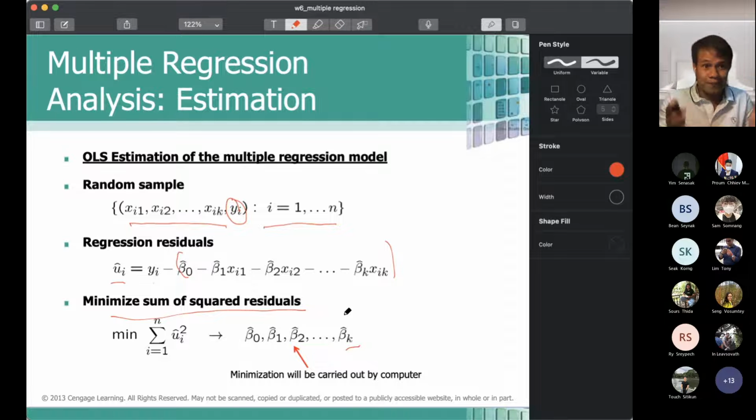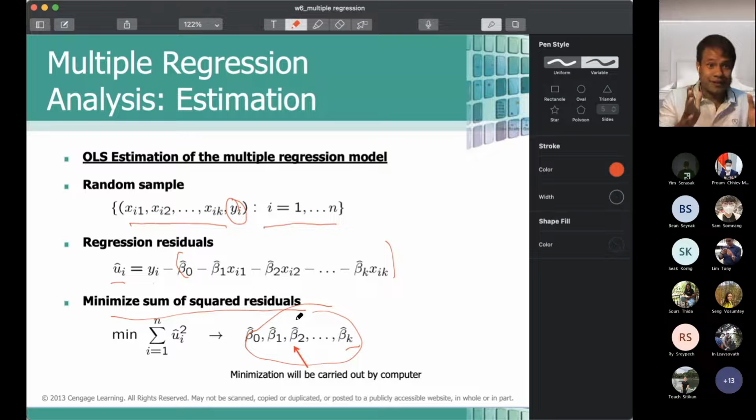All right. So the same rule, the same method when we use OLS to find delta 1, delta 2, delta 3 until delta k, we minimize the sum of squared residuals. All right, we minimize the sum of squared residuals. When we minimize the sum of squared residuals, then we can find this intercept and slope, or the estimates of the sample.